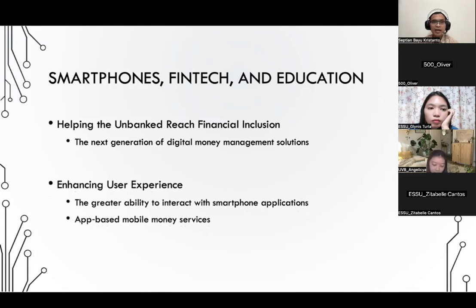And then using smartphones and technology is enhancing the user experience between the young people and the fintech players. So we can find interactions using smartphones. They can do it with application-based or mobile-based activity. So they can send money transfers using mobile applications.